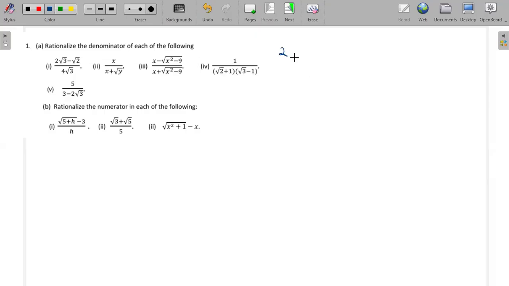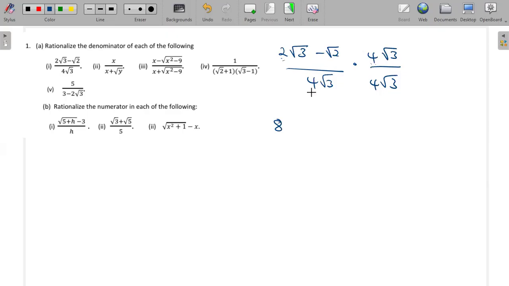So we say square root of 3 minus square root of 2, then we have 4 square root of 3. So here let's say we multiply by 4 square root of 3 over 4 square root of 3. So what are we going to have? On top, you are going to be multiplying the 2 by the 4. That gives us 8.